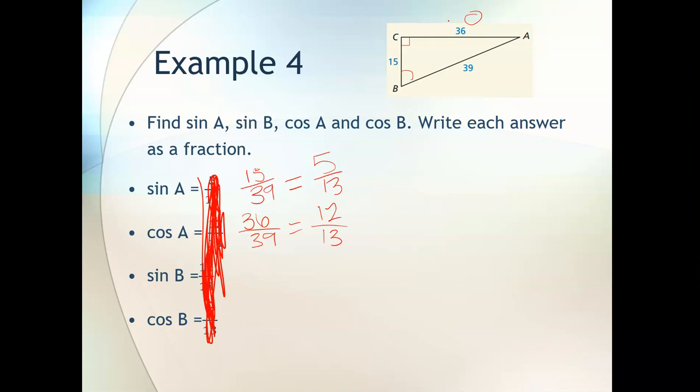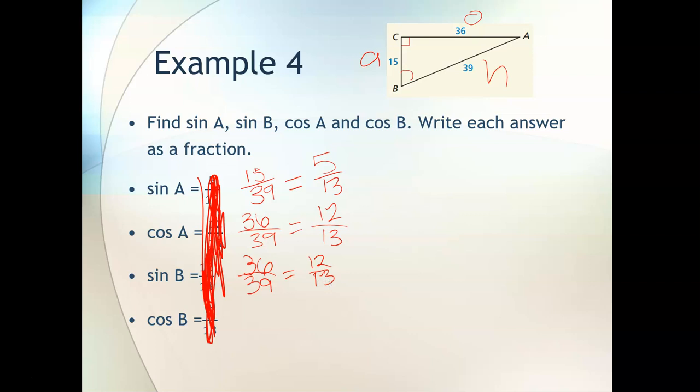What is my hypotenuse? And my adjacent? Okay, so sine is opposite over hypotenuse. So what's my opposite side? And my hypotenuse? This simplifies to, just simplified right above, 12 over 13.